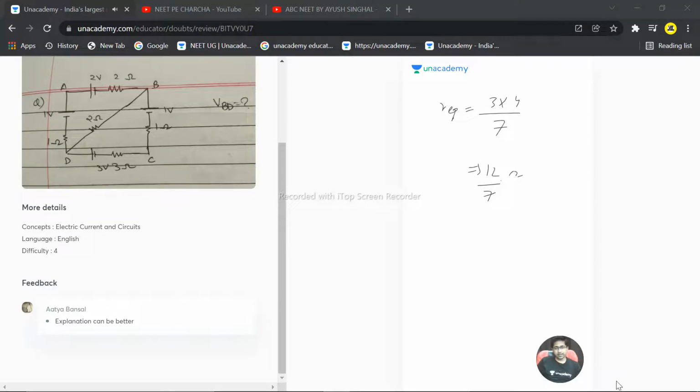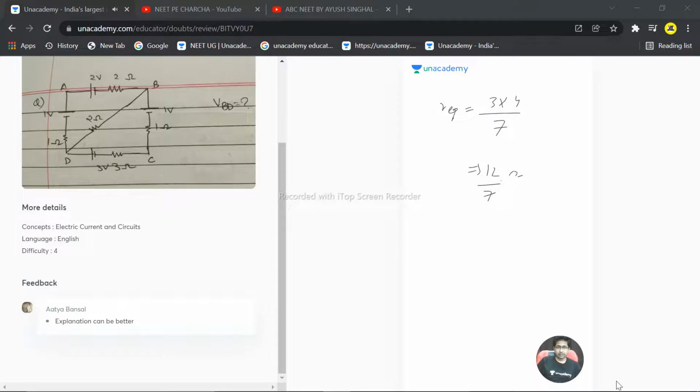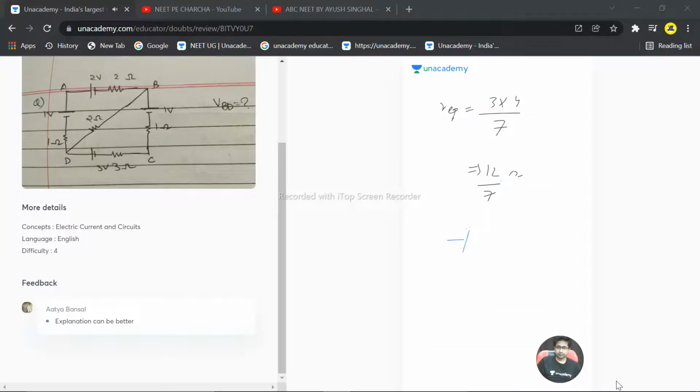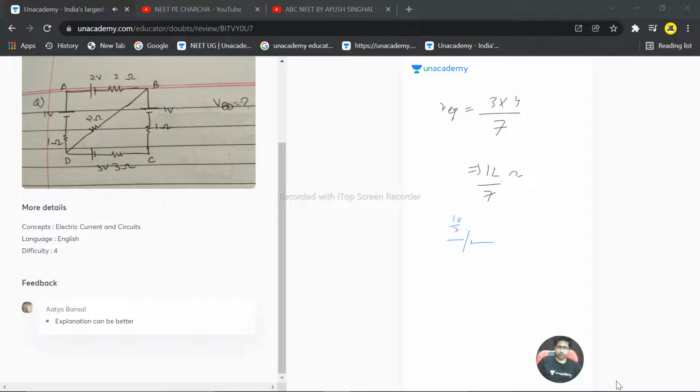For the entire circuit, the circuit seems something like this: there's a battery of 10 by 7 volt, connected to a 12 by 7 ohm resistor, and connected to a 2 ohm resistor. So now this is point D, this is point B.